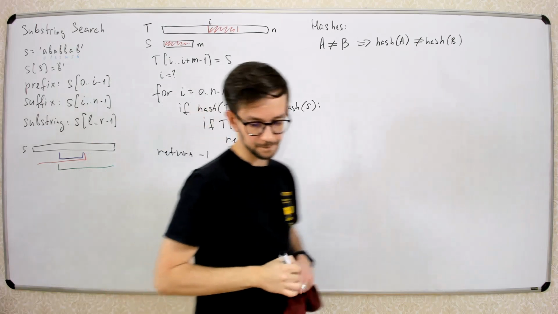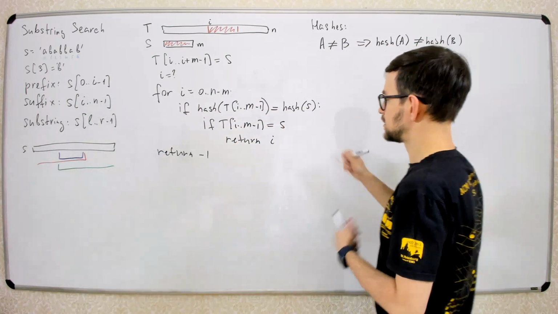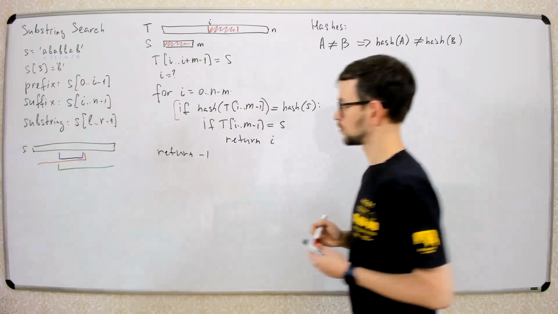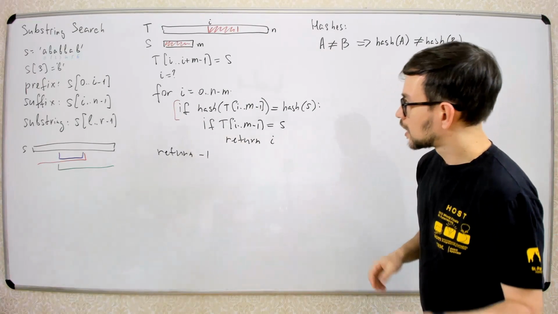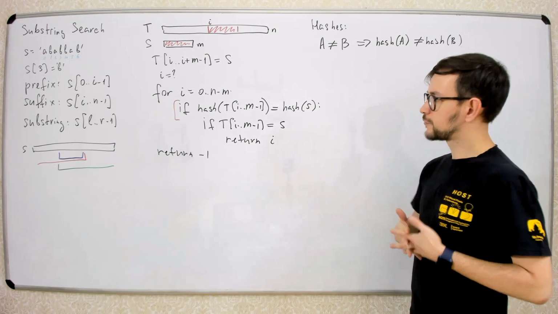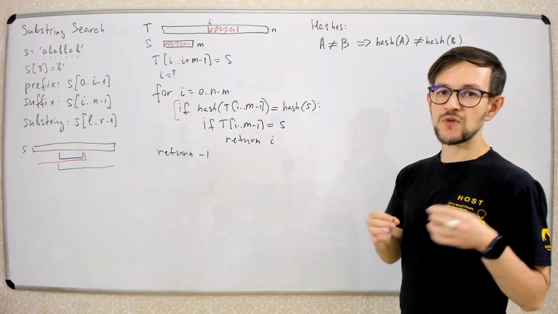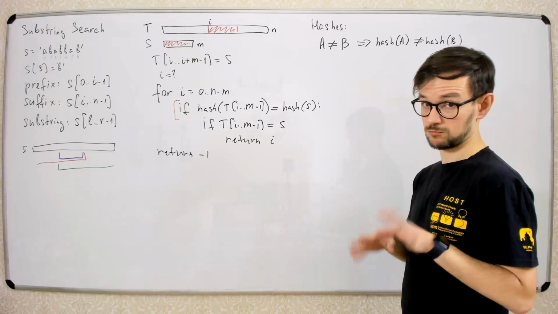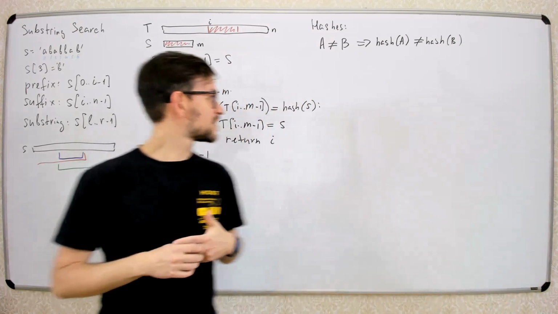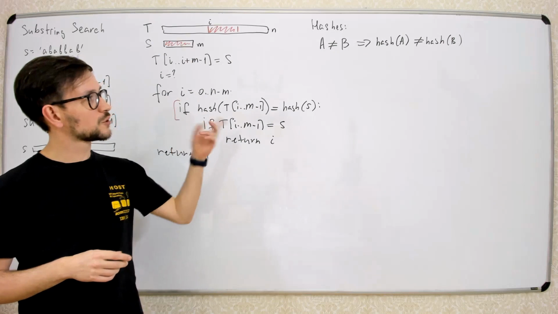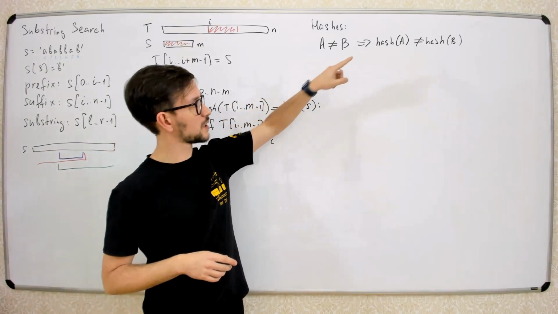So I just added this line to the code. Everything else is the same. The idea is that usually if two strings are not equal, and we find a good hash function, then most times when we have not equal strings, the hashes will be not equal.